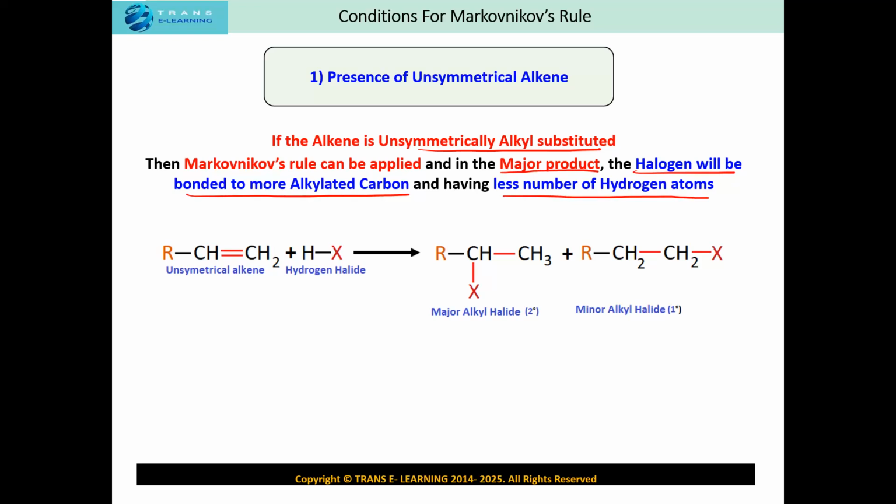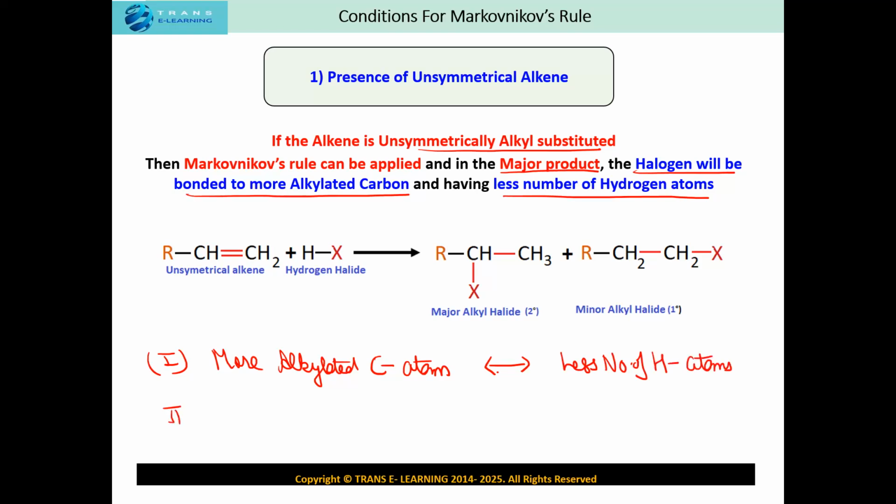If you consider the more alkylated carbon atom, that carbon atom will have fewer hydrogen atoms. And if you consider the second case, the less alkylated carbon atom will have more hydrogen atoms attached to it. So now it's up to you how you want to learn.